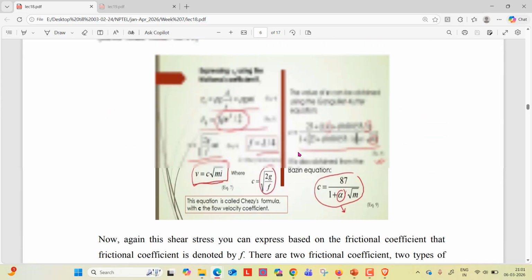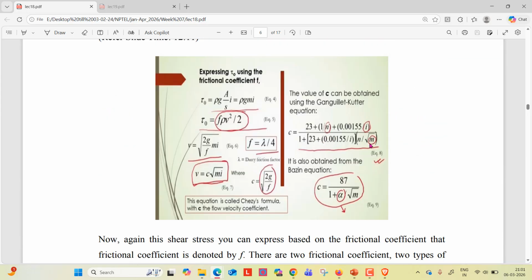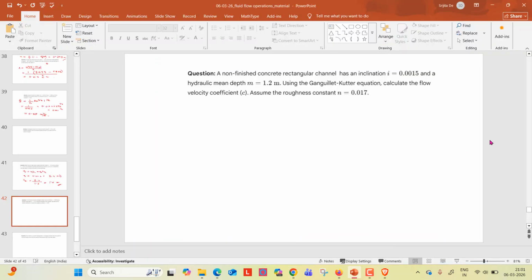So this is the expression: 23 plus 1 by n plus 0.00155 by I. So C equals to the velocity coefficient.